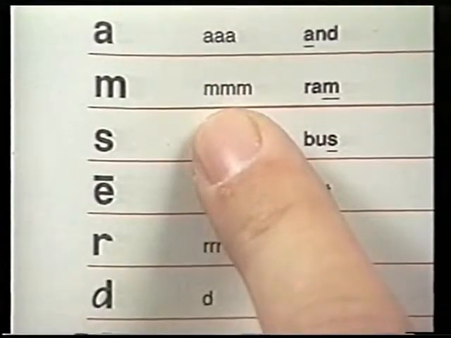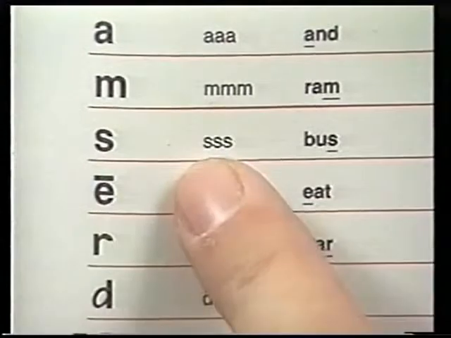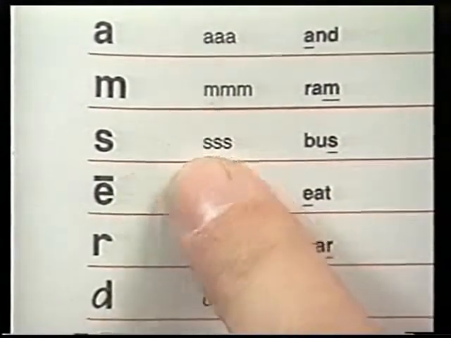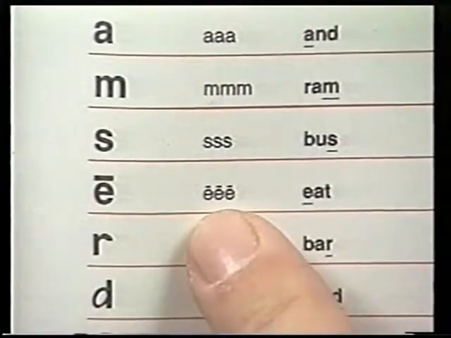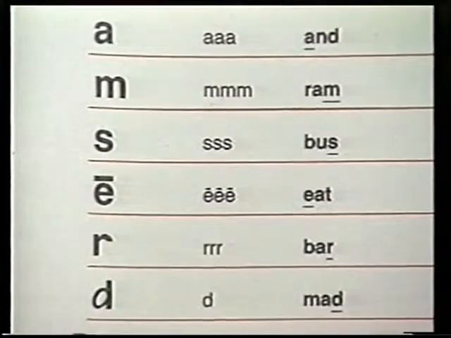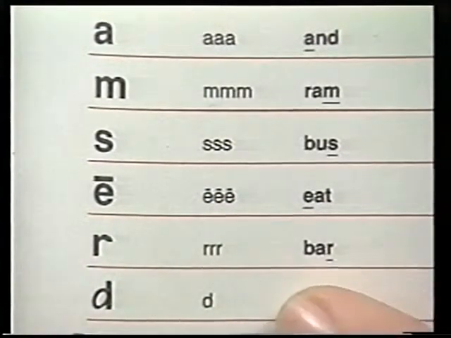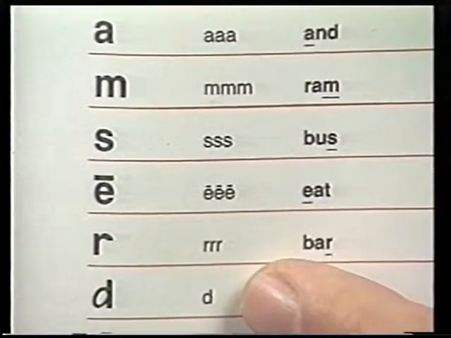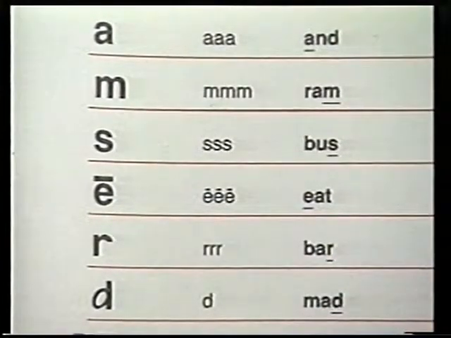That means you say the sound in one tone for at least 3 seconds without stopping. A stop sound is one that cannot be said for more than an instant without distorting it. A stop sound is indicated by a single letter in the second column. Now I'll model how to say the first 6 sounds, and then I'll give you an opportunity to test yourself on them.